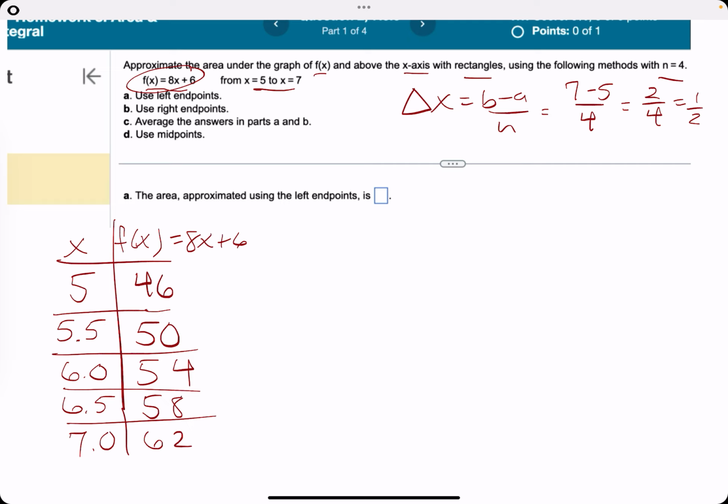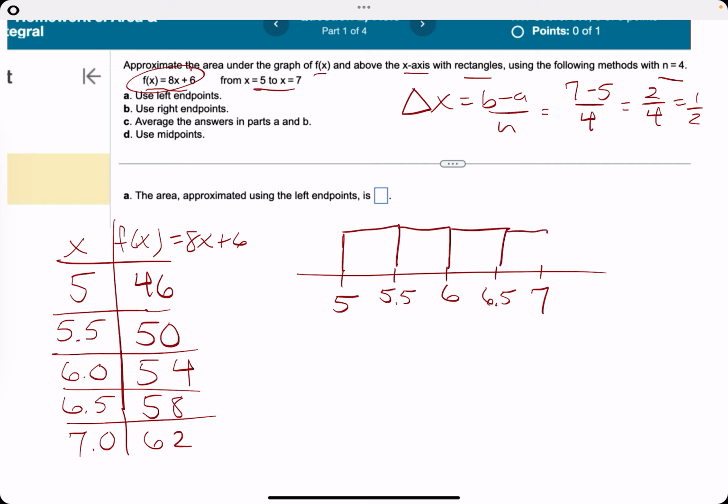So once we get these values, let's talk about left endpoints and right endpoints. For left endpoints, when you think about 5 to 7 on a number line, maybe more particularly on a graph, think about the rectangles that are created in between here.